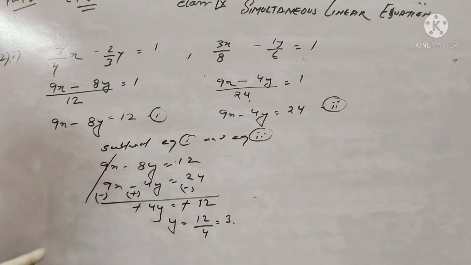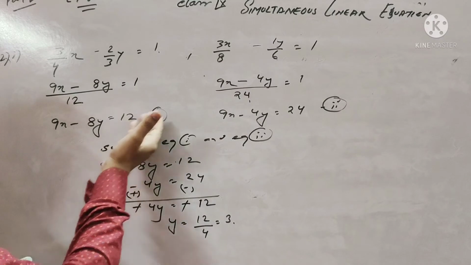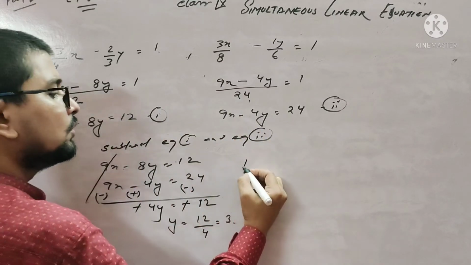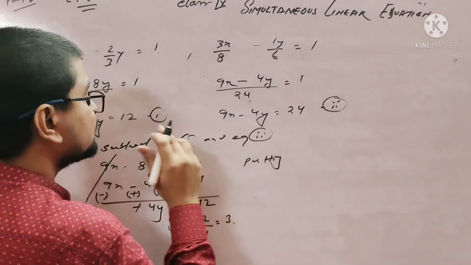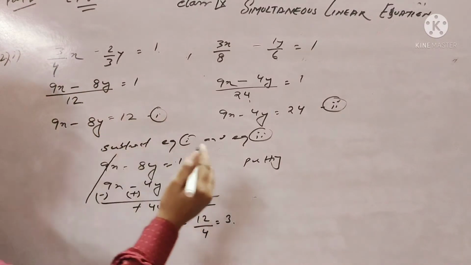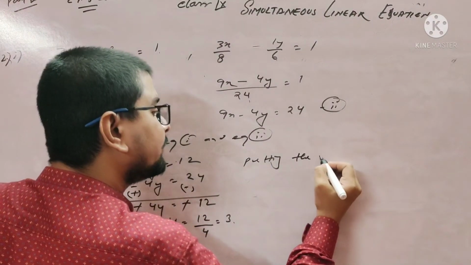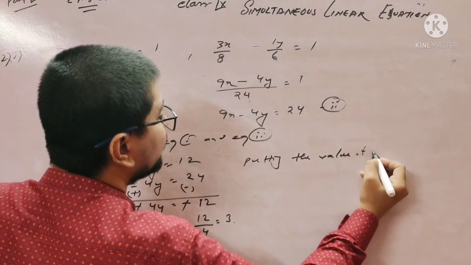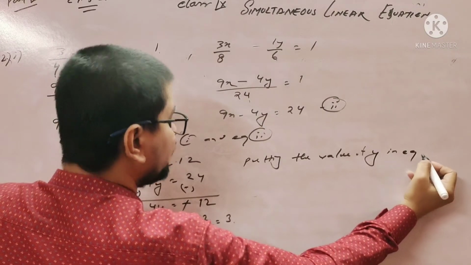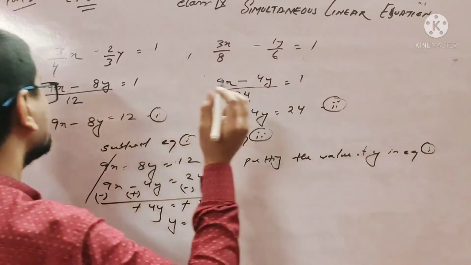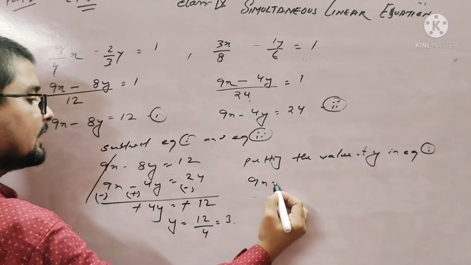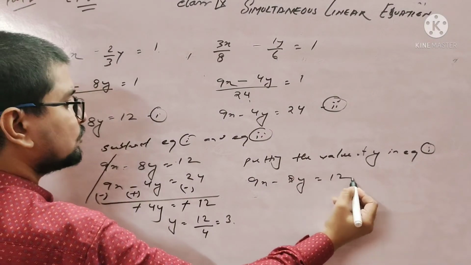Now turn for x, putting the value of y in equation 1 or equation 2. I like to put the value of y in equation 1. Equation 1 is 9x minus 8y equals 12.